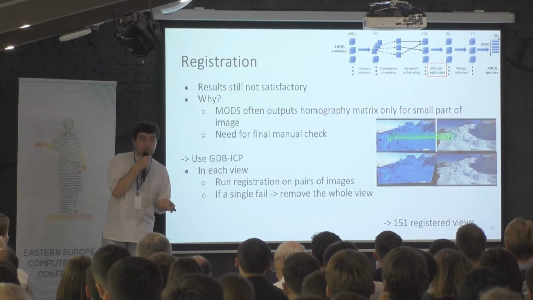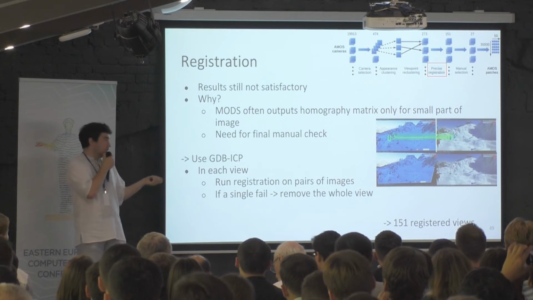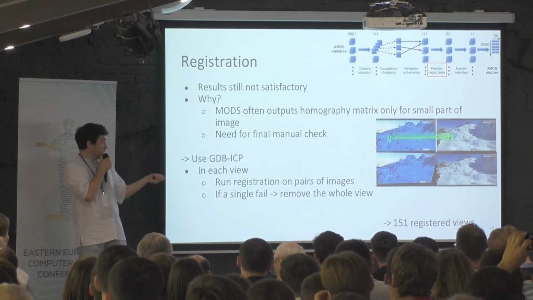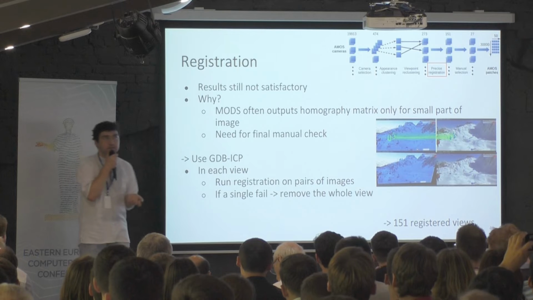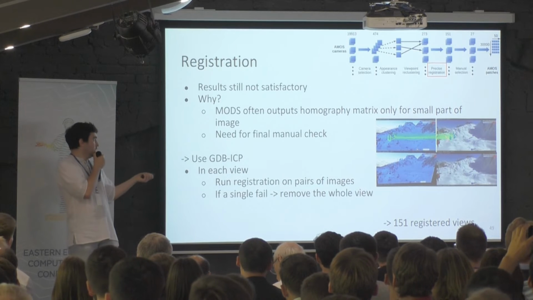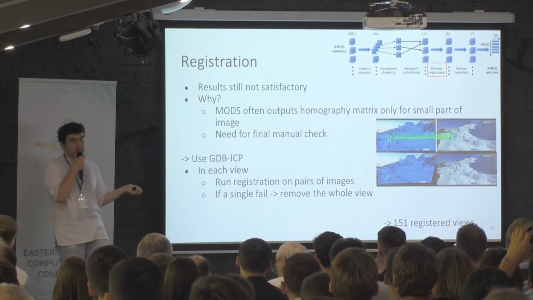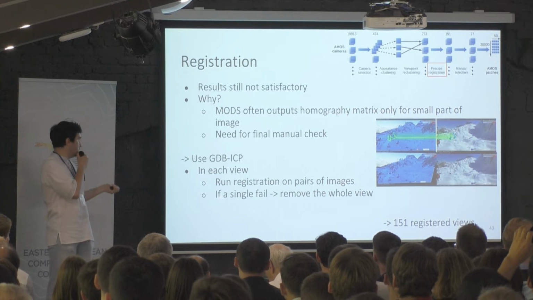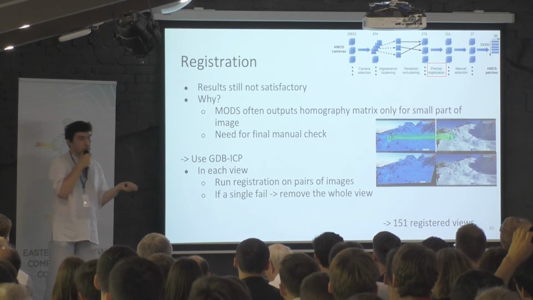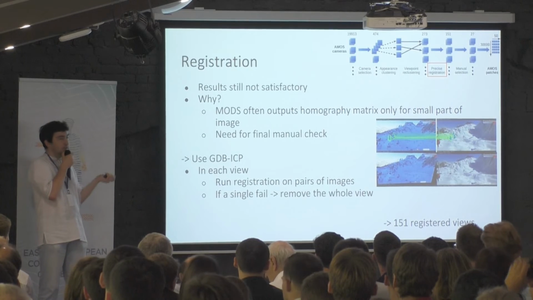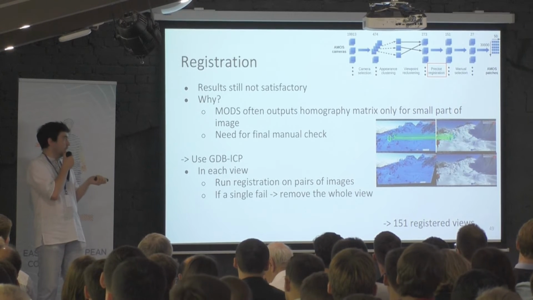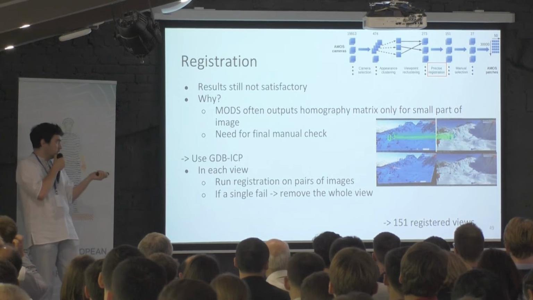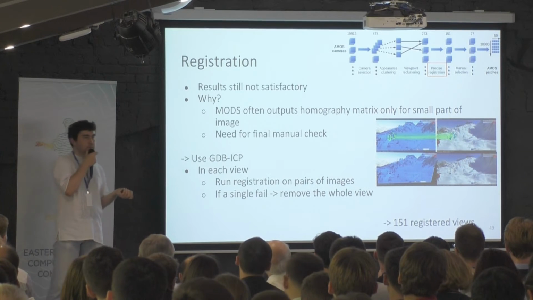But there is a problem if you run a sparse feature matching algorithm: sometimes it matches only some part of the image, and you want to match the whole image. That's why we use an optimization algorithm, again out of the box, in GDB-ICP, which iteratively optimizes the reprojection error and gets your pixel-to-pixel correspondences.